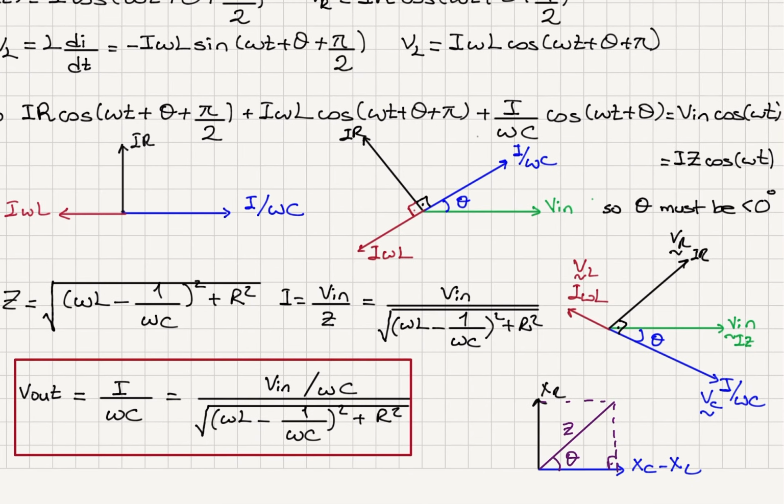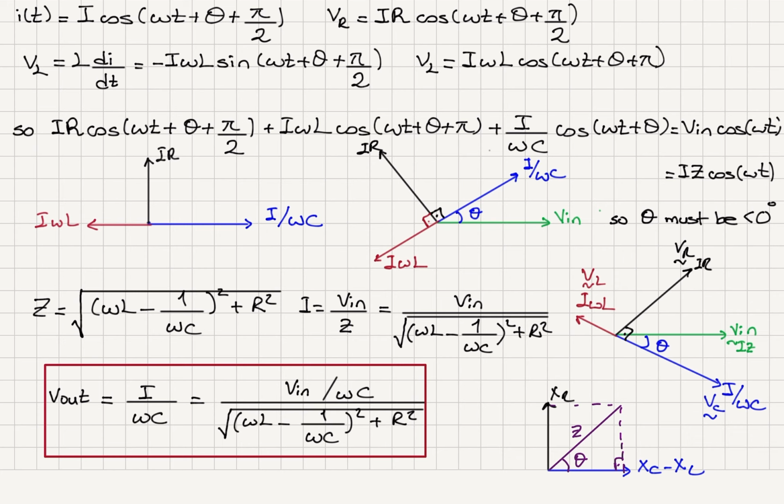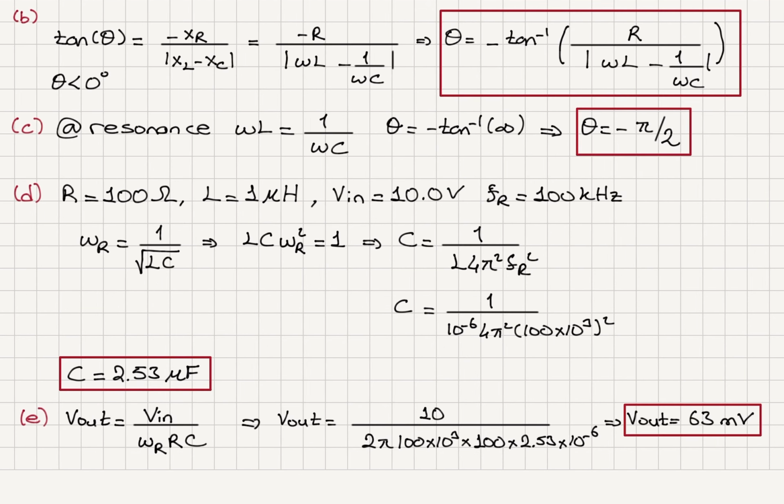Okay, so the impedance of the circuit is then square root of 1 over omega C minus omega L parentheses squared plus R squared, and the current amplitude is V in divided by the impedance. So V out is I over omega C, so V in over omega C divided by the impedance of the circuit.